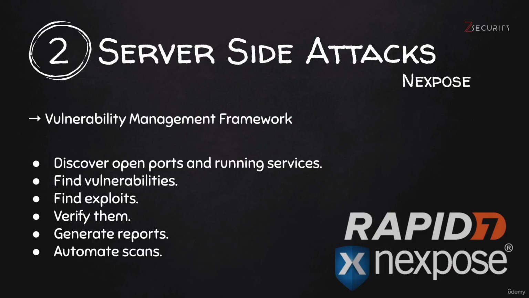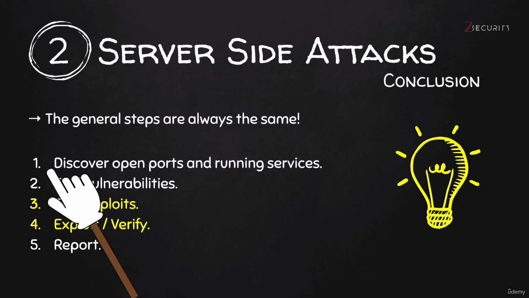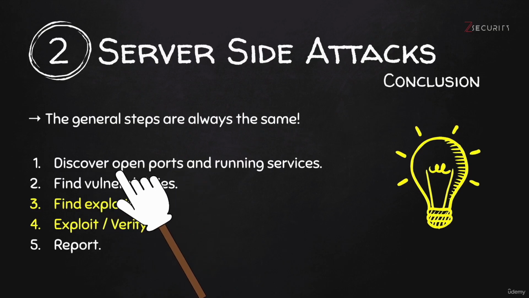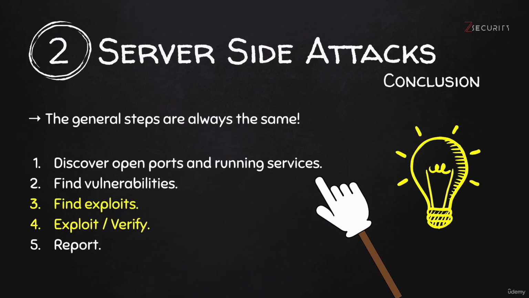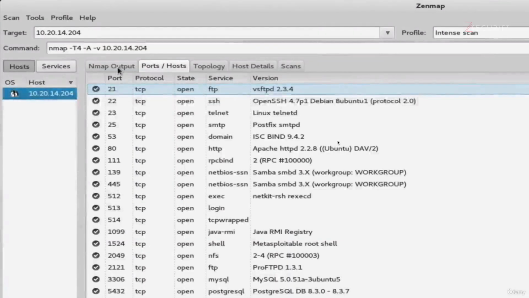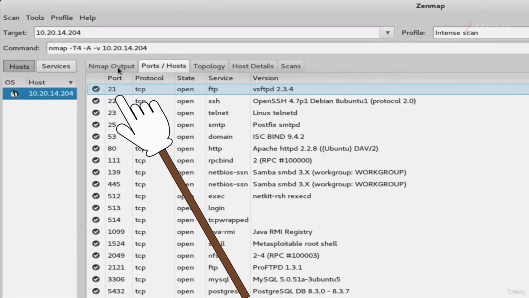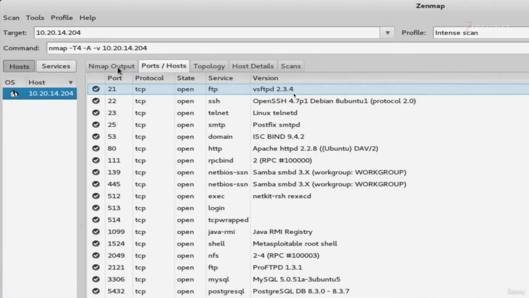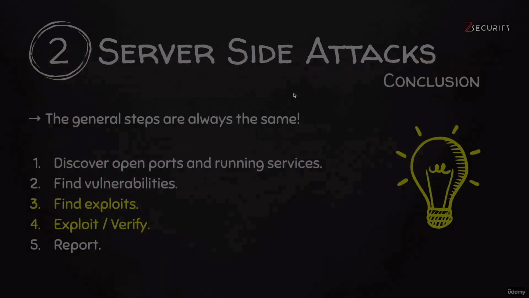So we're always going to have to start by discovering information about our target. And we're going to do that by discovering the open ports and the running services. And we're going to do that using Nmap, as we showed earlier. Then, once we have a list of all of these servers and the running services, as we can see in here, for each one of these entries, so for each one of these ports and for each one of these services, we're going to go ahead and search for vulnerabilities.